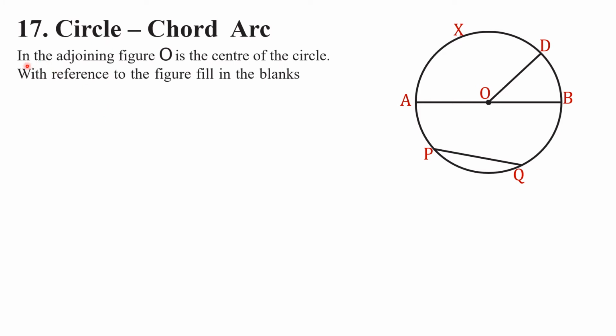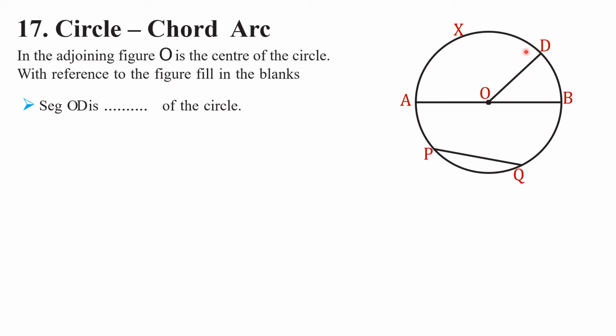What is the question? In the adjoining figure, O is the center of the circle. With reference to this figure, fill in the blanks. Segment OD is dash dash of the circle. Segment OD is a radius.